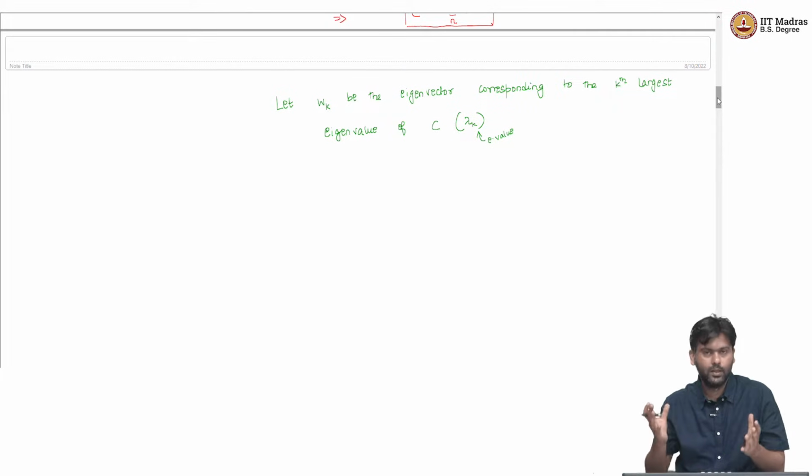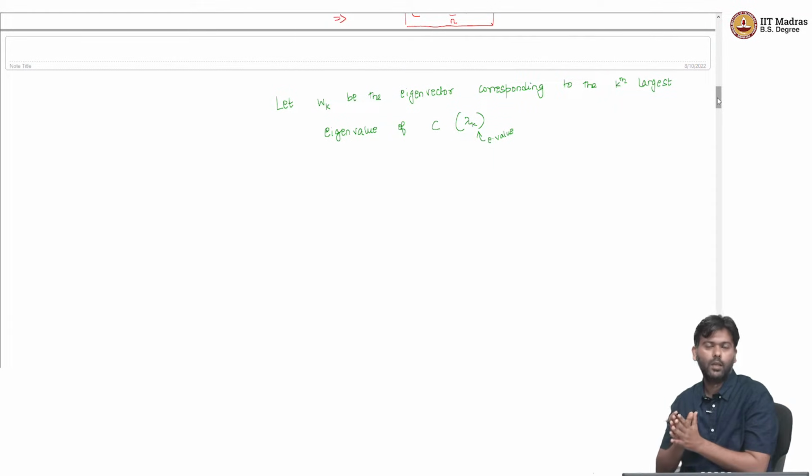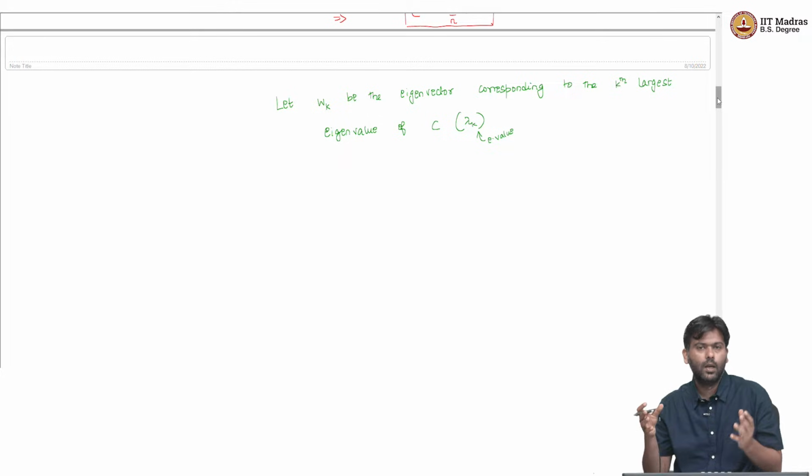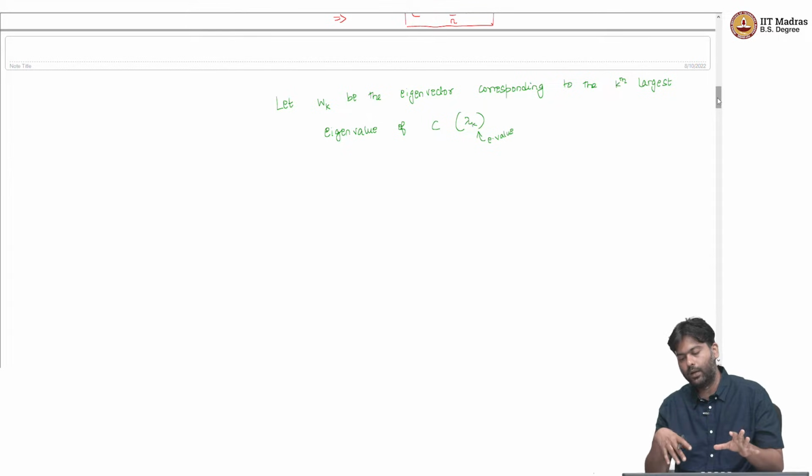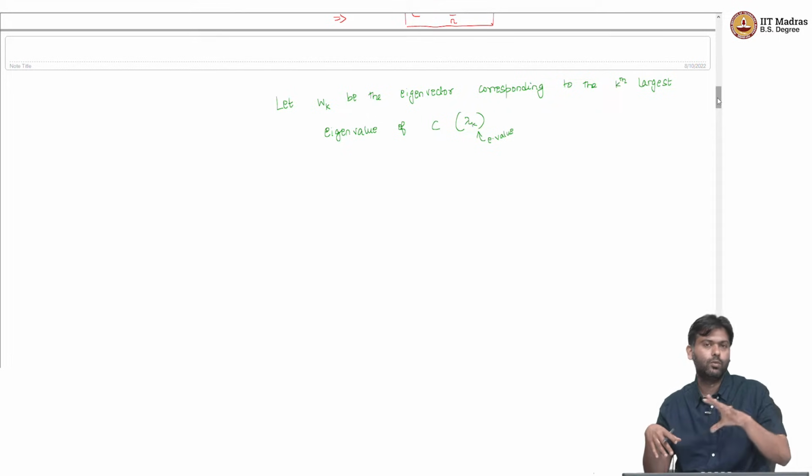Now, you have a matrix C, and then I am saying that you take the eigenvalues of this matrix and arrange them in decreasing order. Lambda 1 is the highest, lambda 2 is the second highest, and so on. And wk corresponds to the eigenvector associated with lambda k.